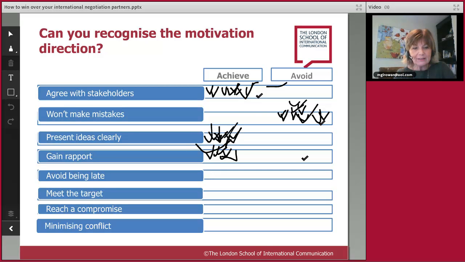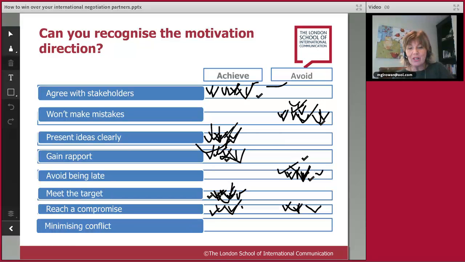Avoid being late. Now, meet the target. What about reach a compromise? What do you think that one is? Yes, you've nailed that too.